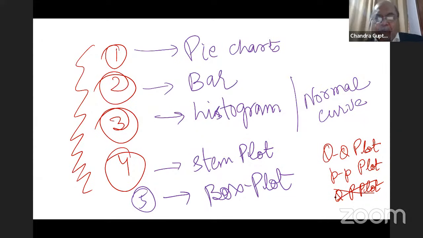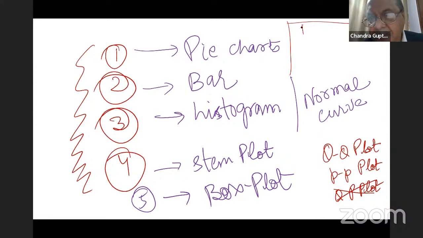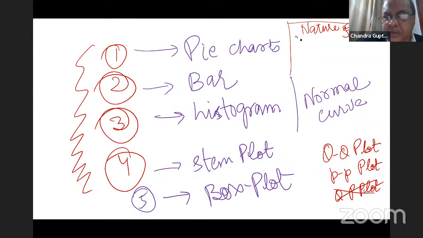Okay. Now, before we answer what chart for what kind of data, we first understand the nature of data. How many types of data do we find in our research problems? What kind of data do we find? In how many categories can you classify your data?